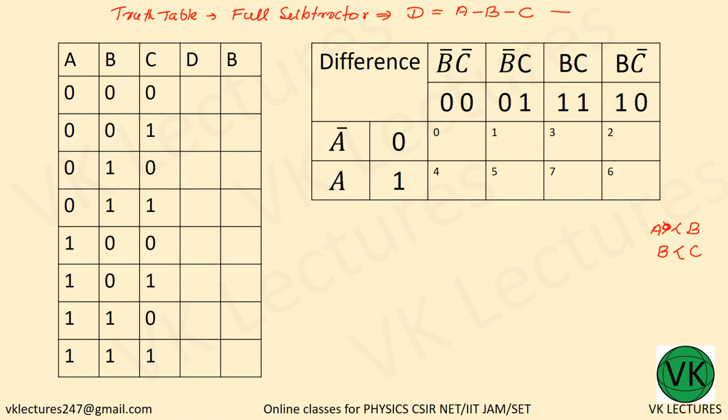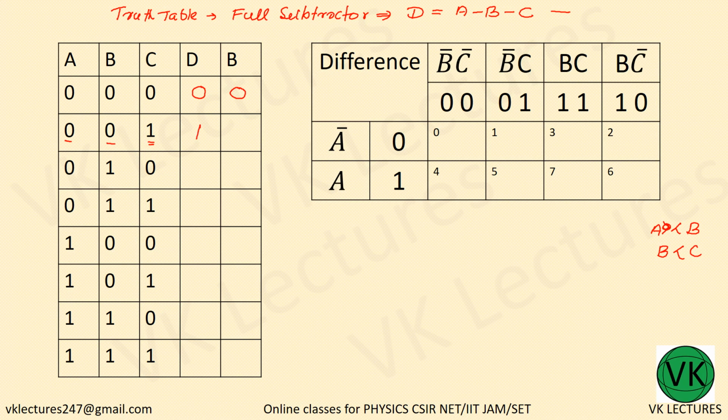Let us do the truth table. You can understand A minus B minus C, 0 minus 0 minus 0, so 0. Is there any borrowing required? I have not borrowed from anywhere. Then 0 minus 0 minus 1, yes, there is a difference, 1.